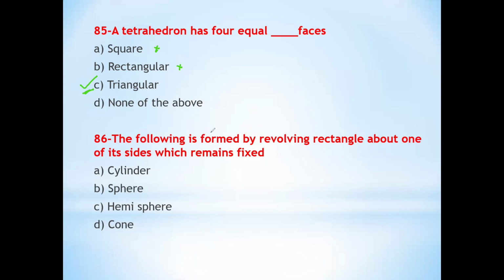Next, the following is formed by revolving the rectangle about one of its sides, which remains fixed. Now we are aware of it. So whatever the solids of revolution are, suppose we take an example.